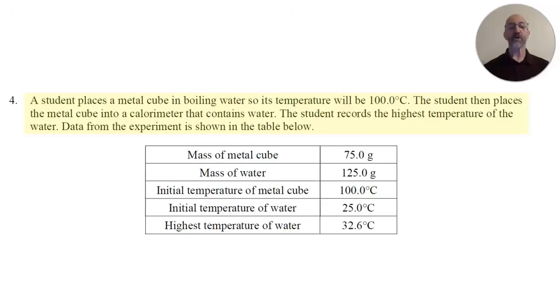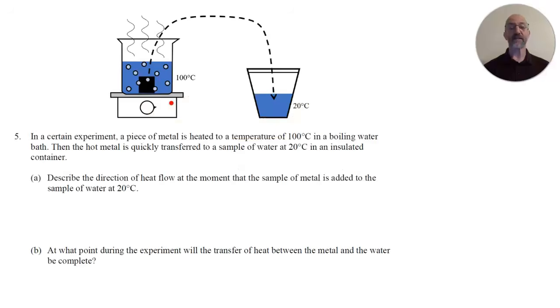Now there are some particle diagrams with arrows in question 4, but before we take a look at these particle diagrams, I'd like to show you something I had presented in my video for topic 6.3. So what you're looking at is a diagram in which a piece of metal is heated to a temperature of 100 degrees Celsius in a boiling water bath.